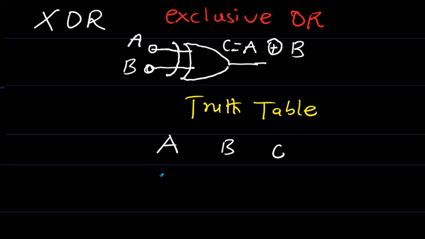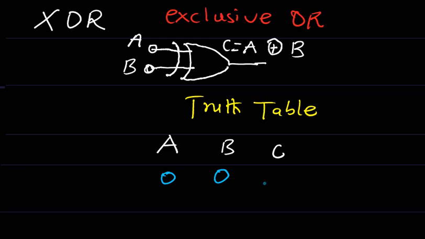For an XOR gate, the only time the output will be 1 is when the inputs are different, when the inputs have different values.